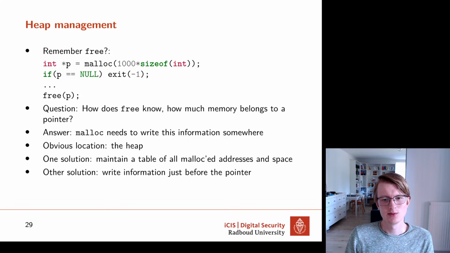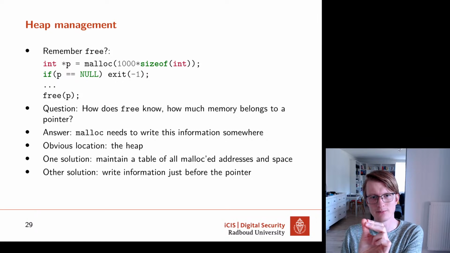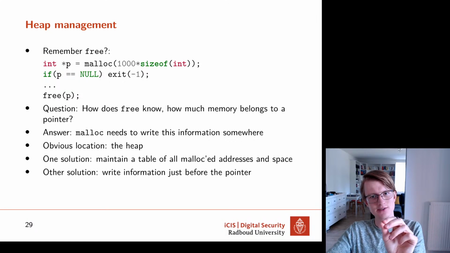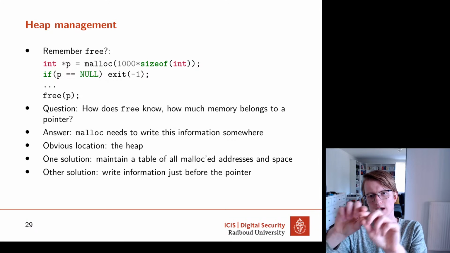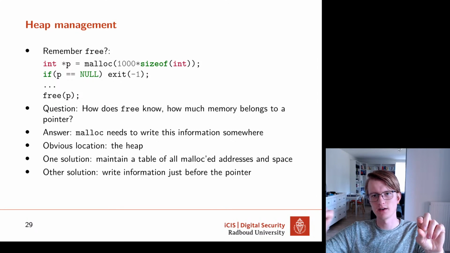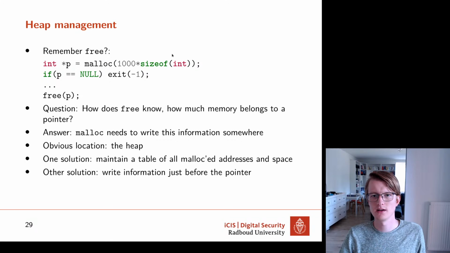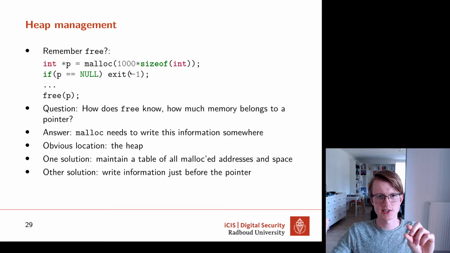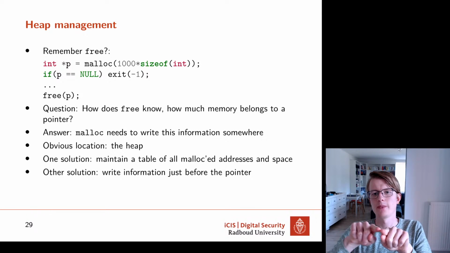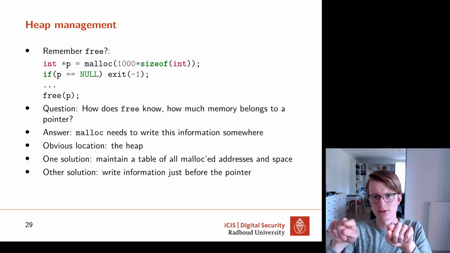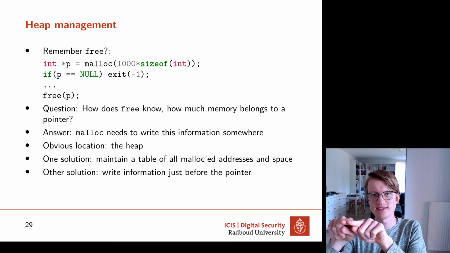A neater trick is to take the size that you have and add to that the size of a size t. Then you have a piece of memory that is, in this case, 4,000, because an int is 4 bytes times 1,000, plus 8, because a size t is 8 bytes. So then you have 4,008 bytes. You write the size of the thing first, then you do plus 8, and then you return that value as the result of malloc.